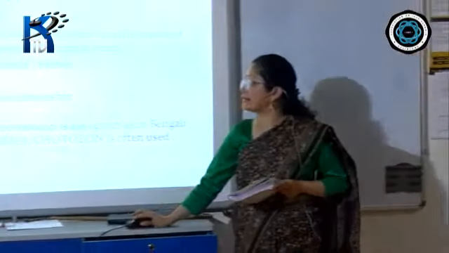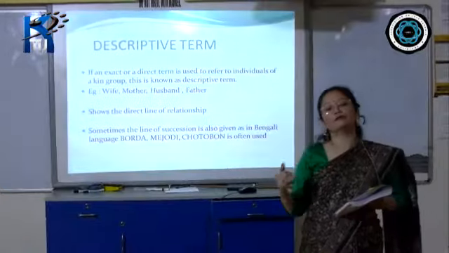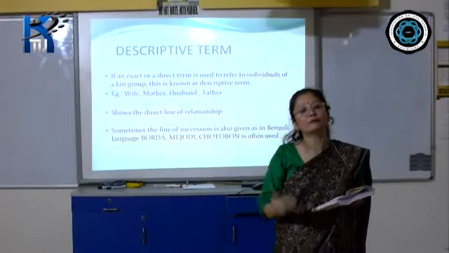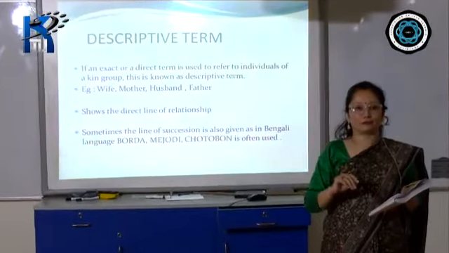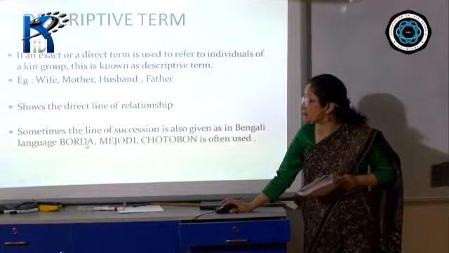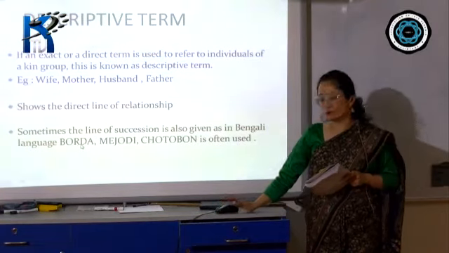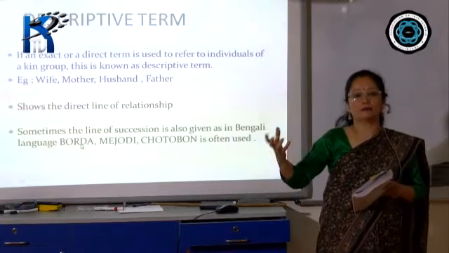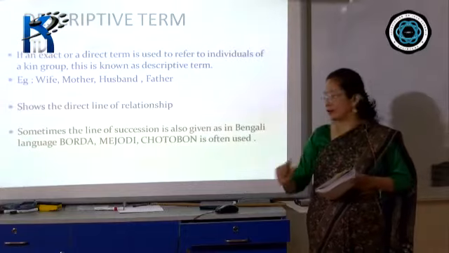But the line of succession, meaning the position of individuals. Who was born first? You have 7 brothers, but who is the eldest? All right? That also is given so clearly. The eldest brother will always be known as Borda. Borda meaning the eldest. The middle one, all right?